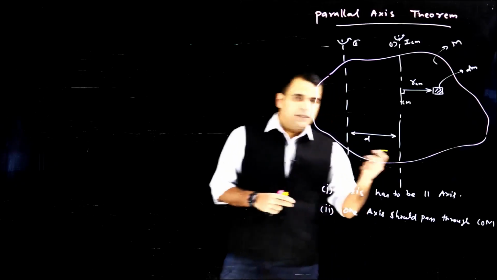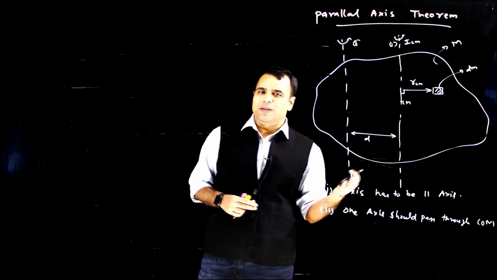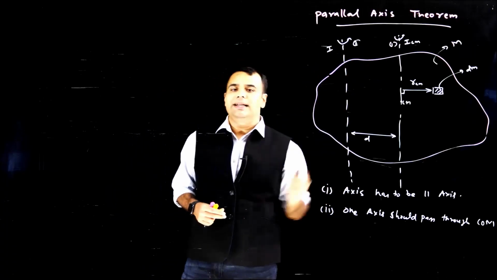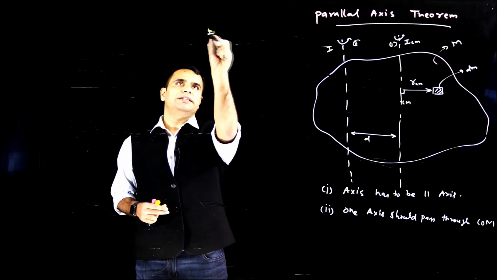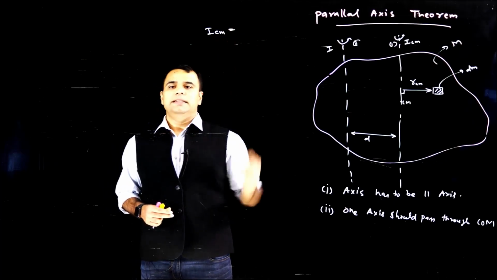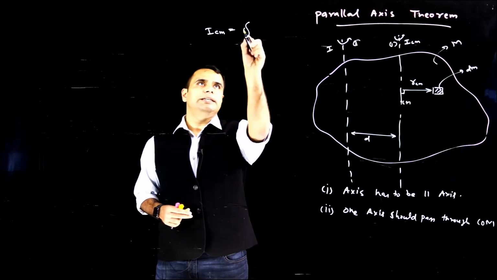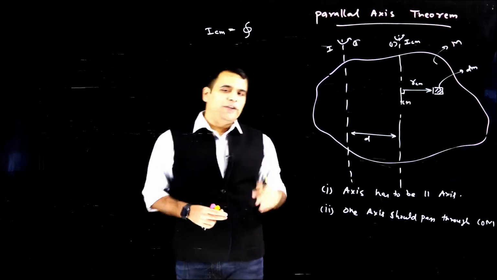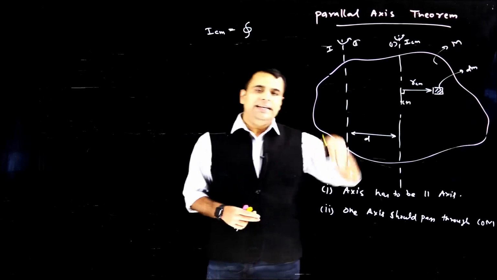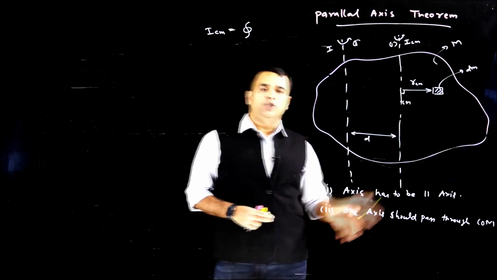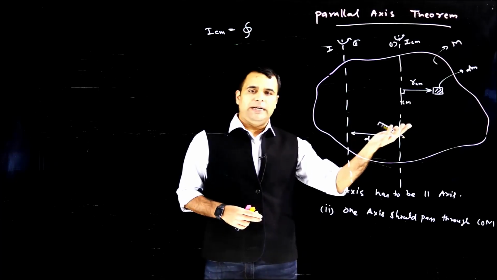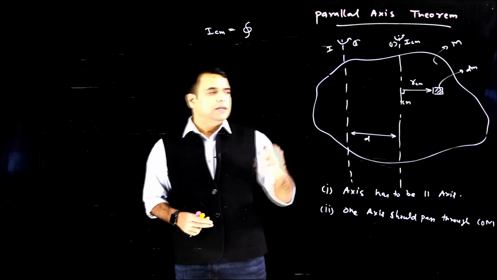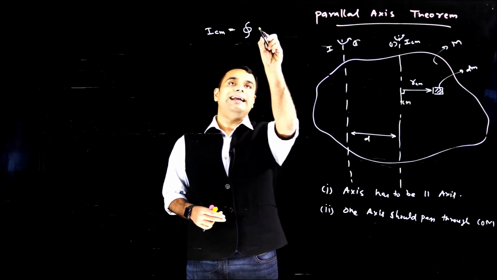Okay, so let's write the formula for moment of inertia. Here I'm defining it as I, and there I'm calling it ICM. So the moment of inertia ICM will be equal to the integration of the moment of inertia of the element. So we calculate the moment of inertia for the element and then we integrate it, so that the whole body is covered. My element is a point element, and we know the formula for the moment of inertia for a point element is R squared dm.